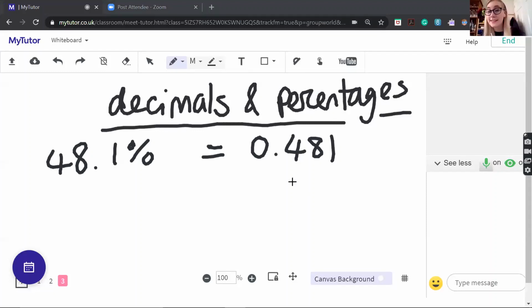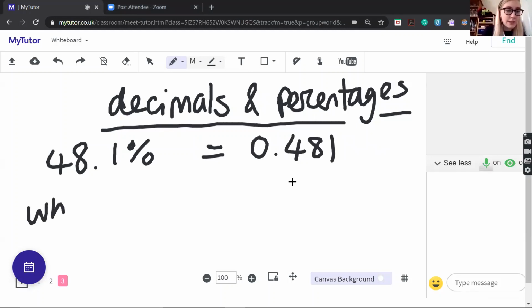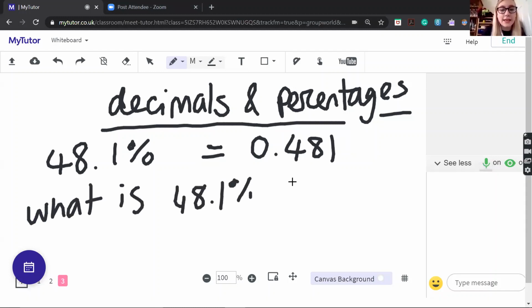And the reason that this is useful is, say the question said, what is, I'll write it out actually, what is 48.1% of 250? That looks horrible, and it's like, what? Because sometimes when we do percentages, we work out what 10% is, therefore work out what 40% is, and so on. You might have done it that method.